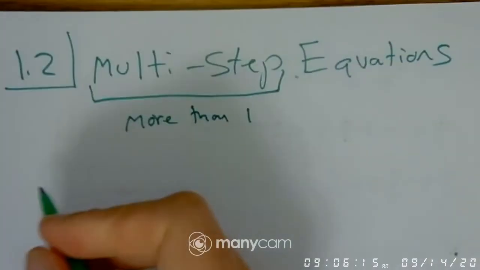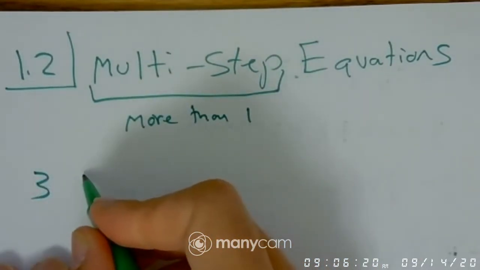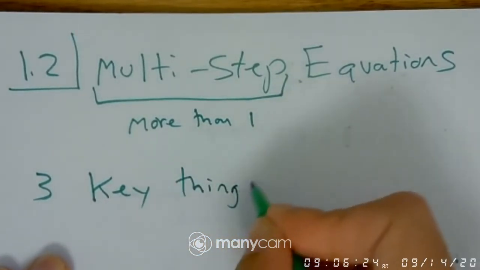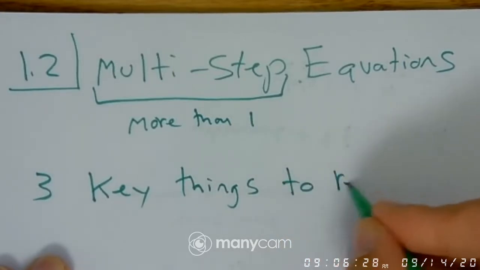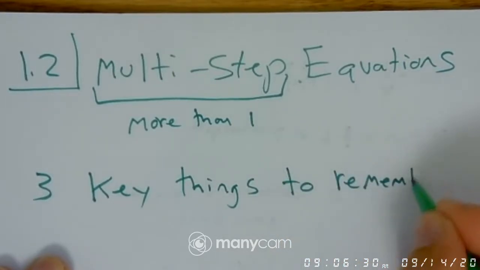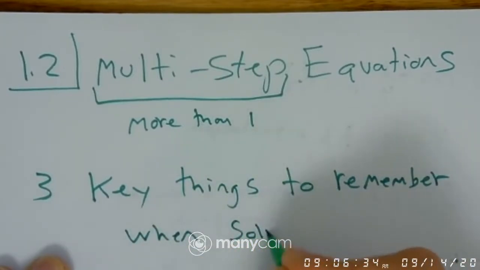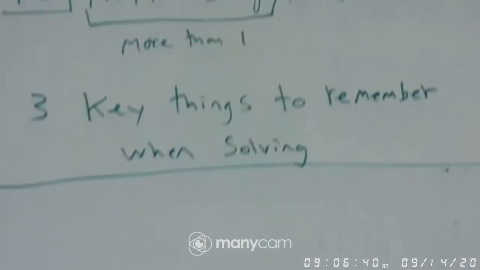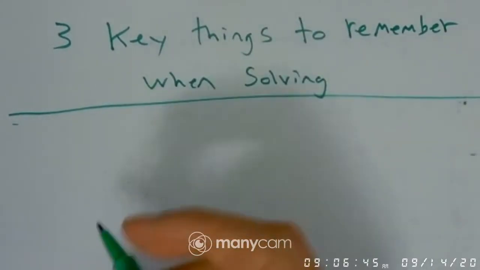So I want to remind people, there's three key things to remember when solving. And remember, guys, if you ever have any questions, go ahead and ask in the chat, or you can turn on your mic.